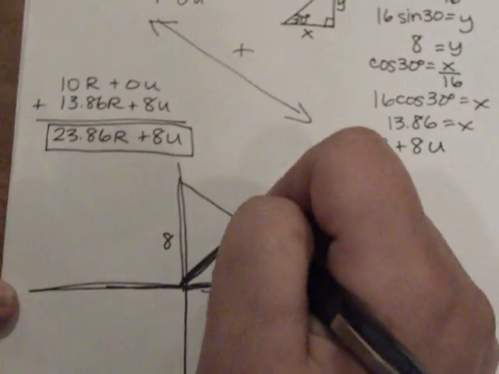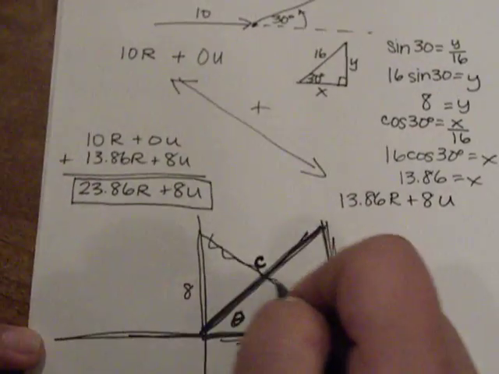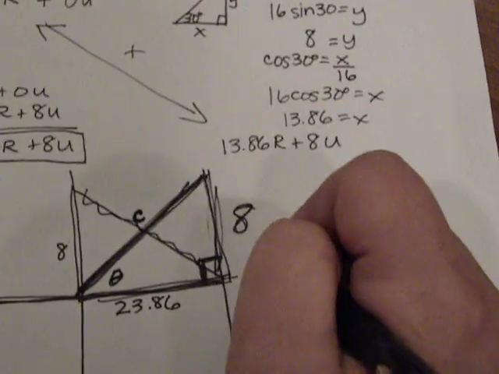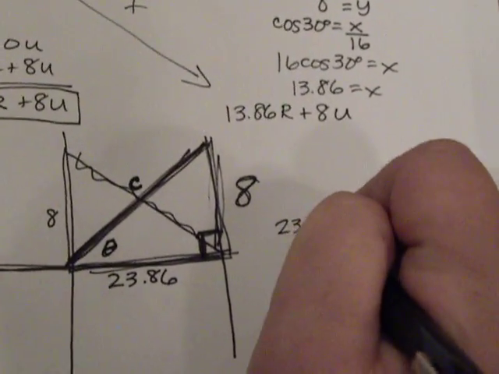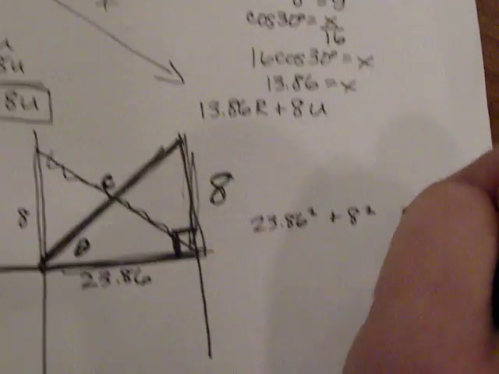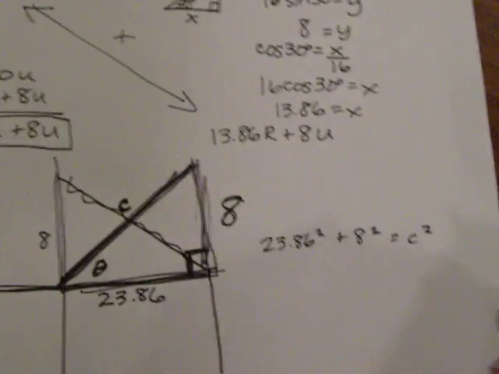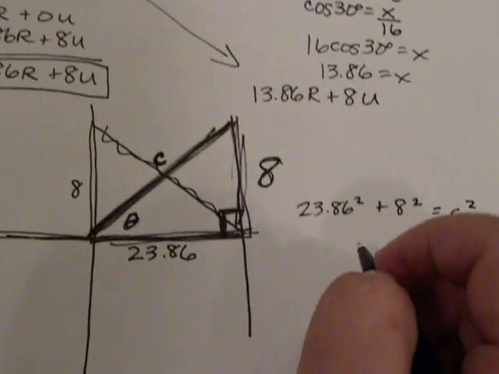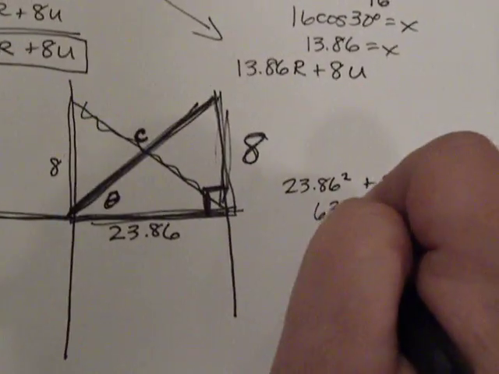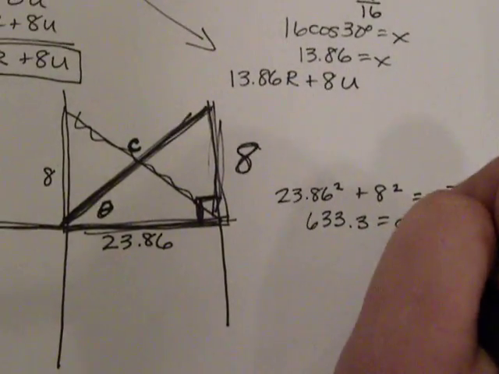So let's call this C. And we'll do Pythagorean theorem, 23.86 squared plus 8 squared equals C squared. When we add these together, we get 633.3 equals C squared.